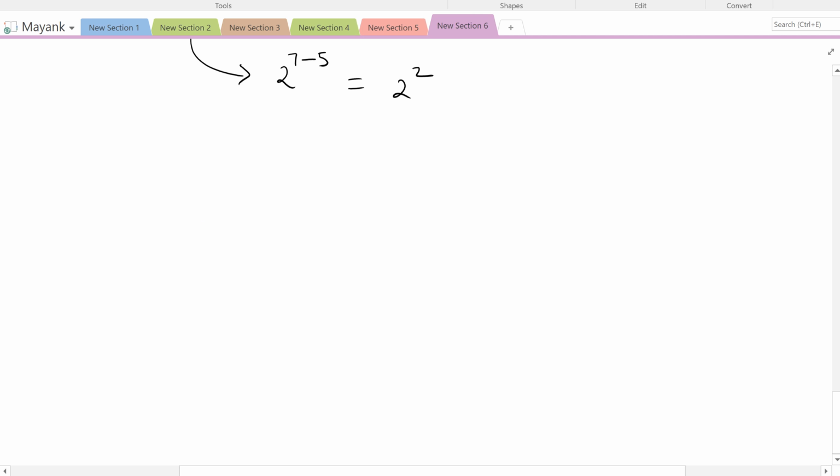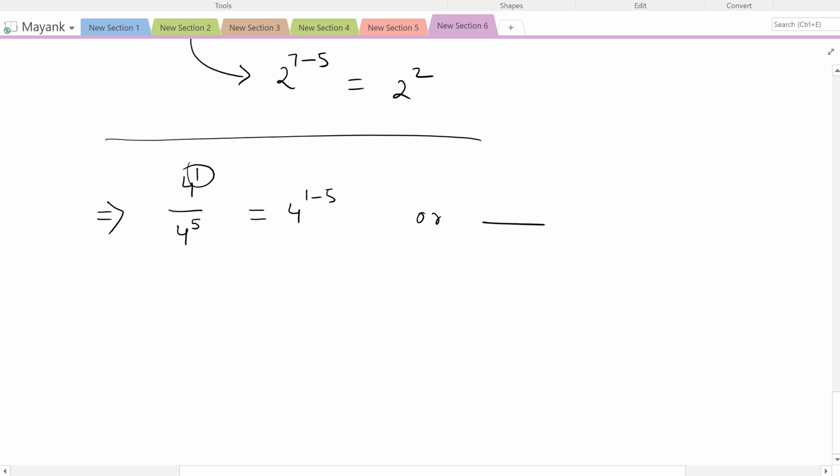Let me clear one more thing. Let's say 4 powered by 1 and then 4 raised to 5. Now you can write it in either way. What do I mean by either way? You can do 4 to the 1 minus 5, or you can subtract the 1 from that 5.